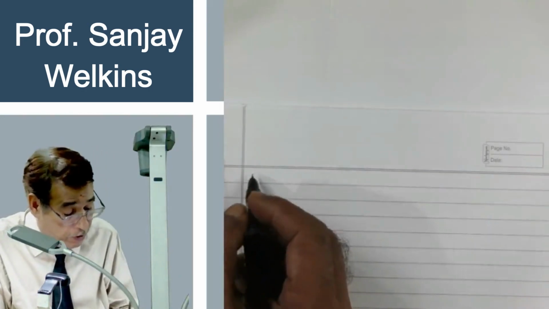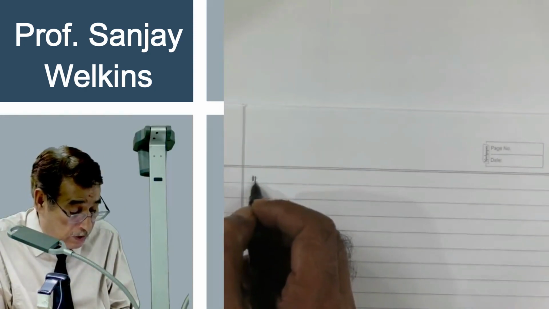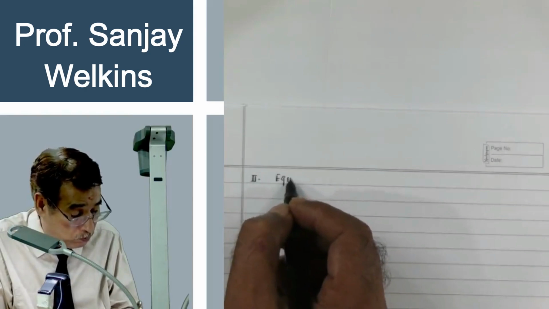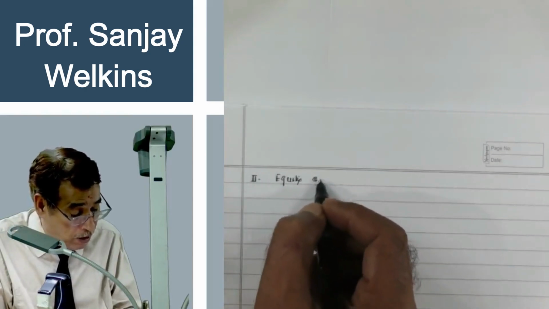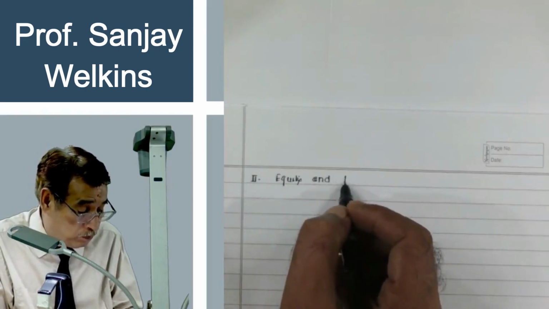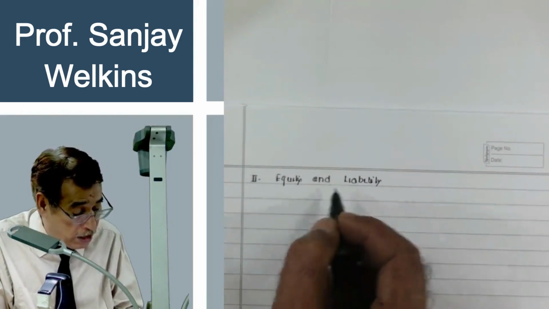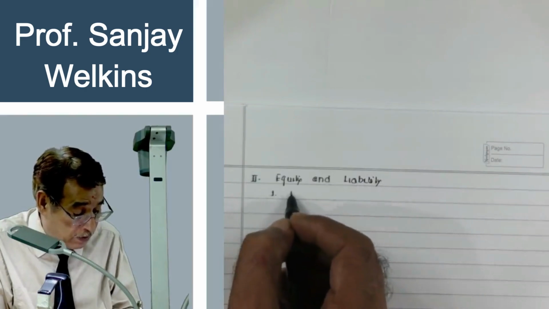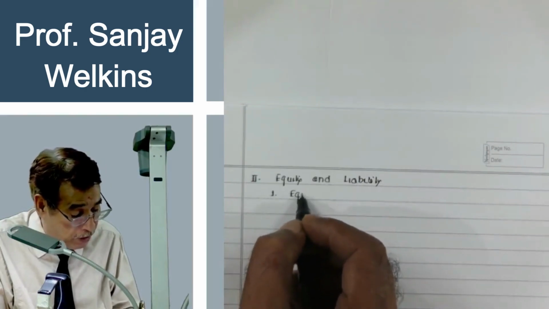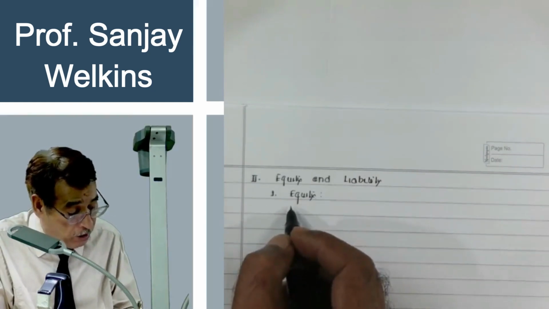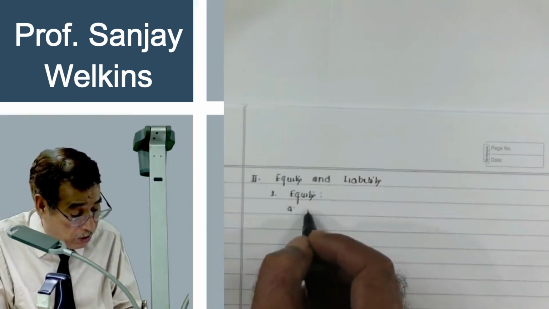Now we will prepare the equity and liability side. As far as equity and liabilities are concerned, first of all you will write equity. Under equity, you are going to write share capital.